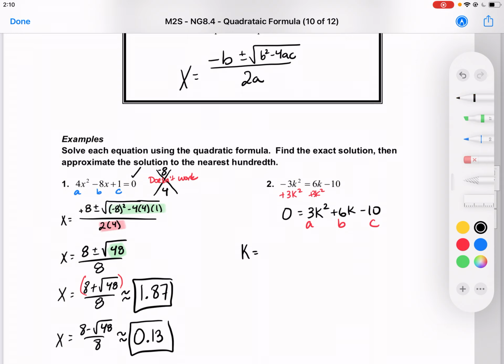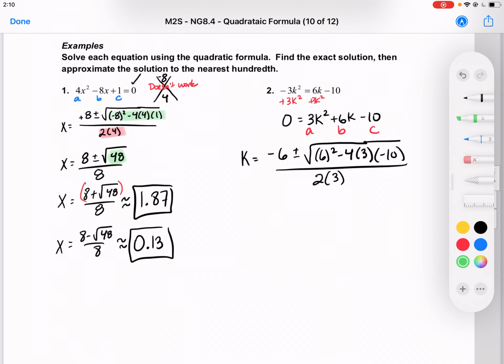So it says to do the opposite of B, so I'll do -6 plus or minus the square root of 6 squared minus 4 times our A, so 4 times 3 times our C, so -10. So I'm just plugging it into the formula up here. All of that's going to be over 2 times our A. So we're going to put that into our calculator, and also the denominator into your calculator.